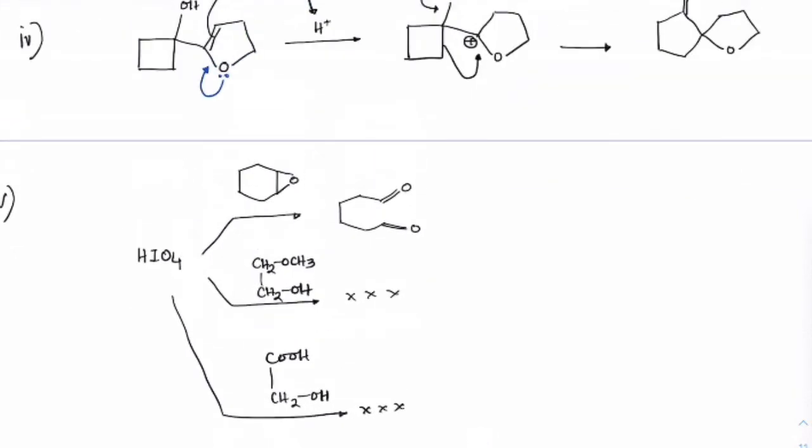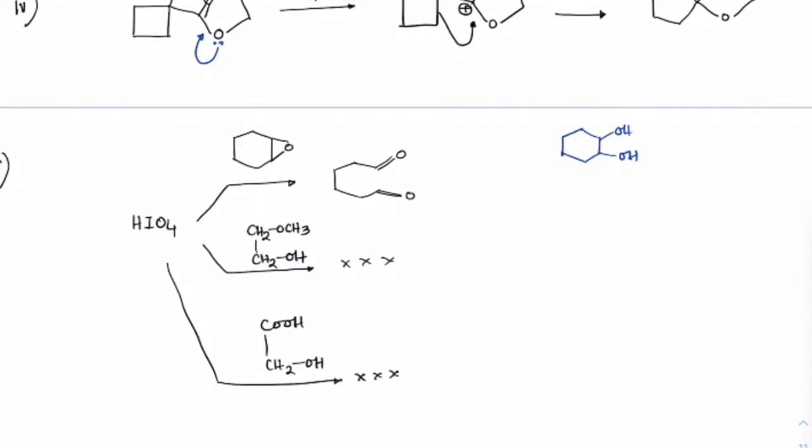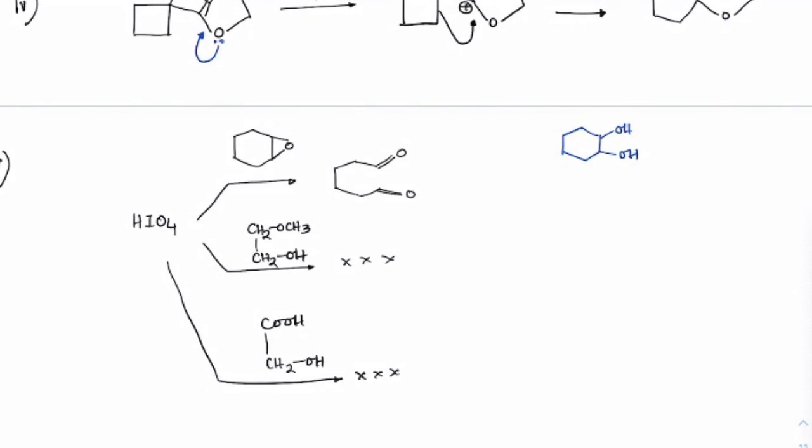Right. Another thing which you need to emphasize is HIO4 special cases. If you treat an epoxide with HIO4, the reaction will take place because an epoxide in acidic medium is more or less like 2 OH groups, because in acidic medium it will definitely break the oxonium ion and form these diols. So once you get these diols, HIO4 will react and break this bond.